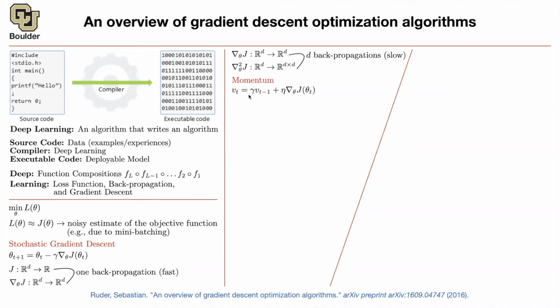That's gonna give me some momentum. Then add the new gradient with our learning rate. That's gonna give us the updated velocity or the new direction. And we take a step in that direction. It's as if you're rolling a ball in a valley, and then the ball, as it goes, it's gonna add momentum.